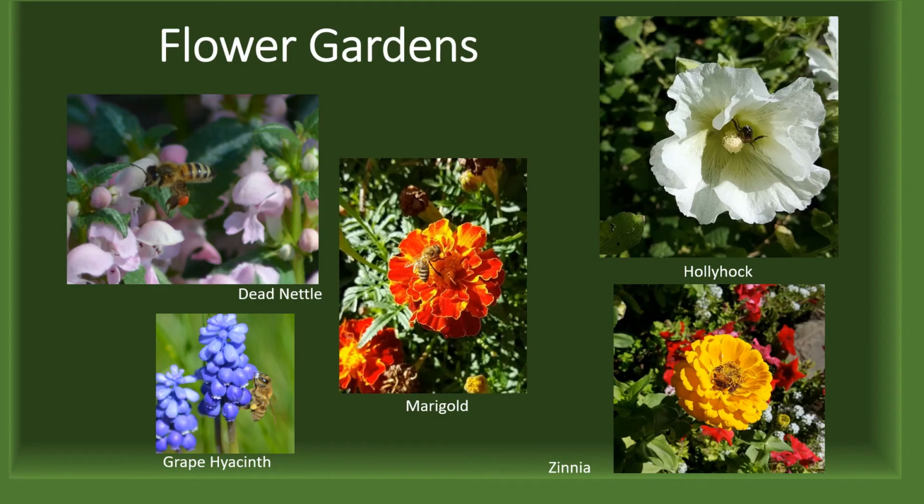The largest group of flowering plants is the flower garden. The number of flower garden plants enjoyed by honeybees are almost limitless. Depending on the soil condition, some of these flowers are easy to grow and others can be quite challenging.